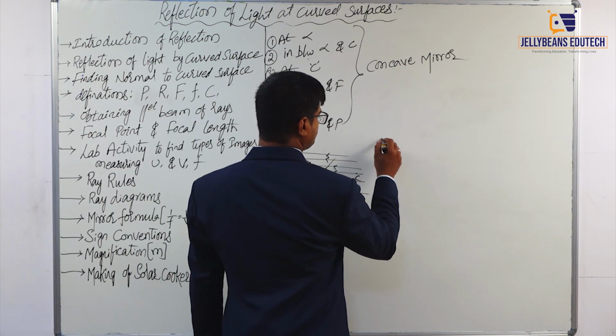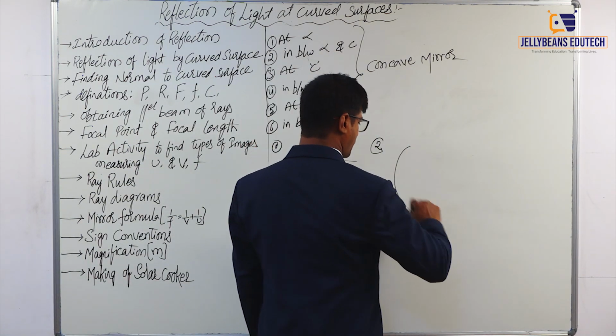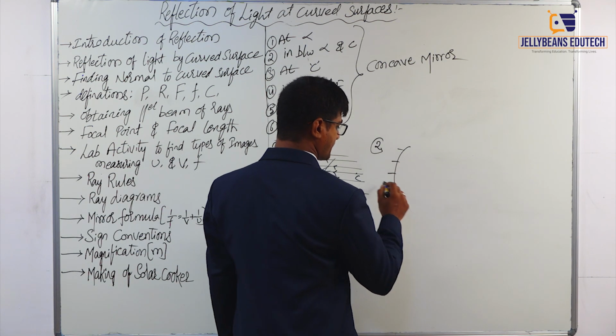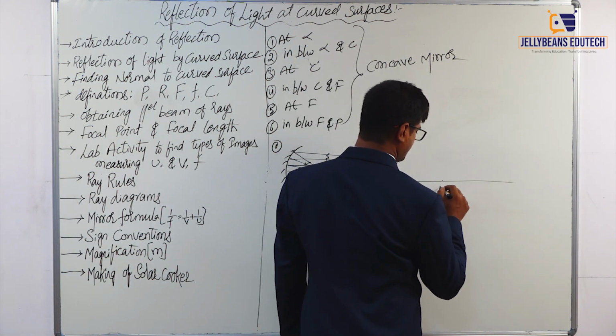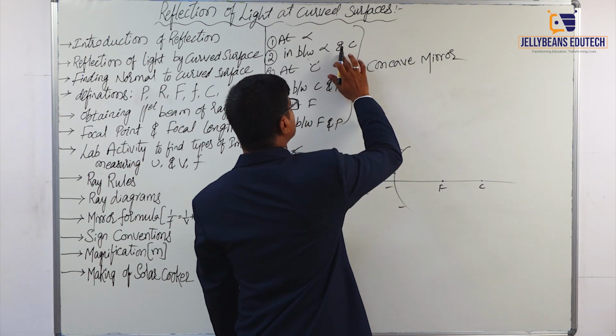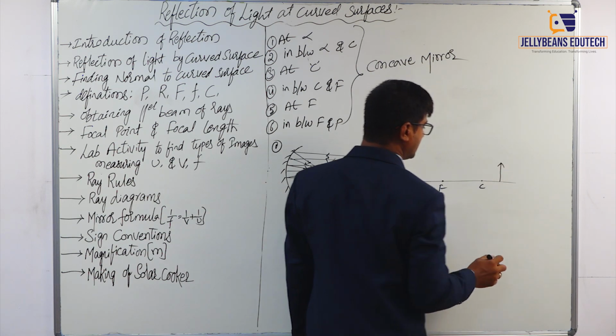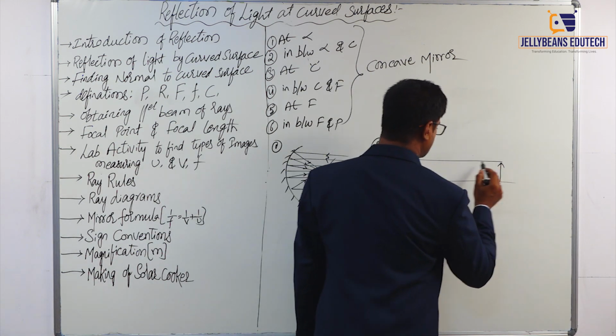Second, when the object is placed in between infinity and C, that means beyond C. So this is the ray diagram.